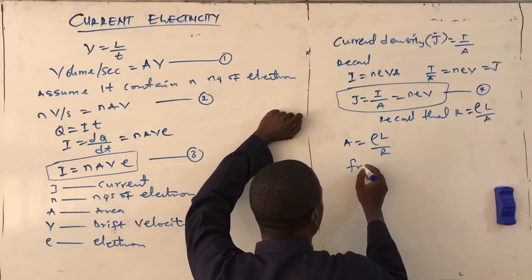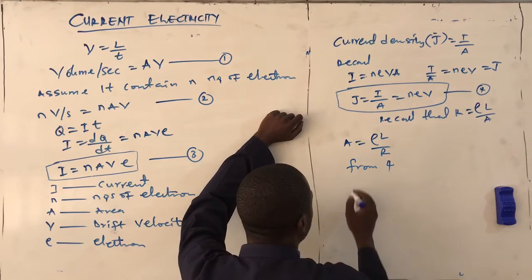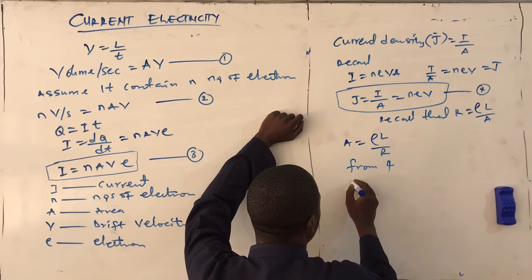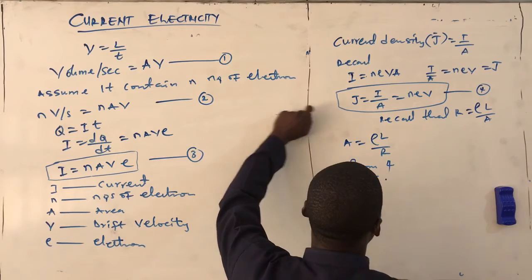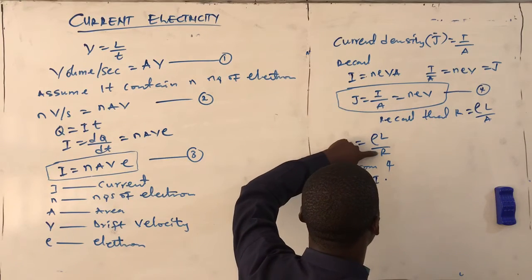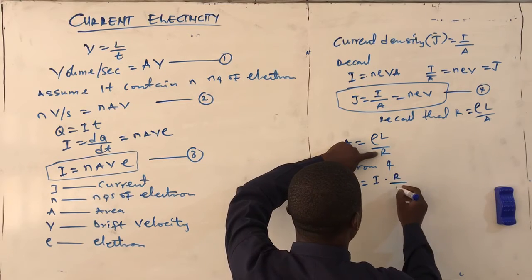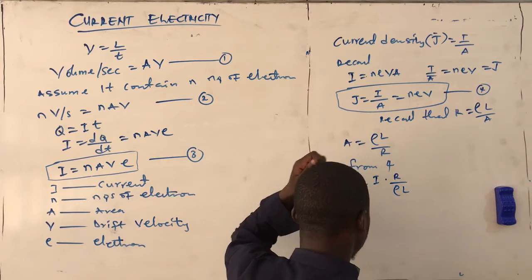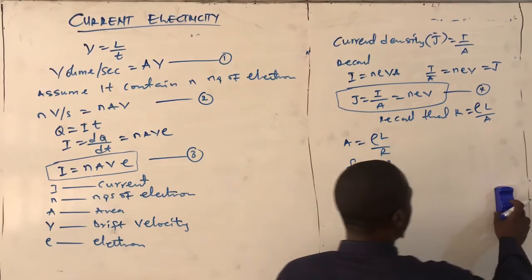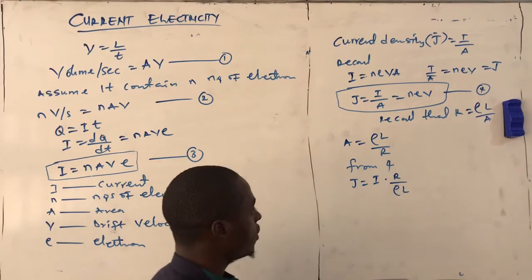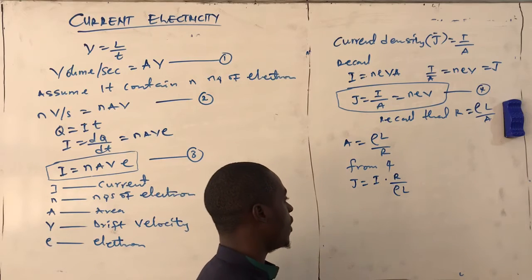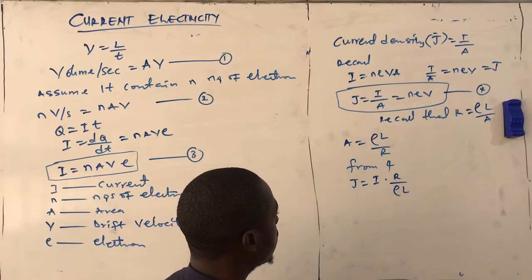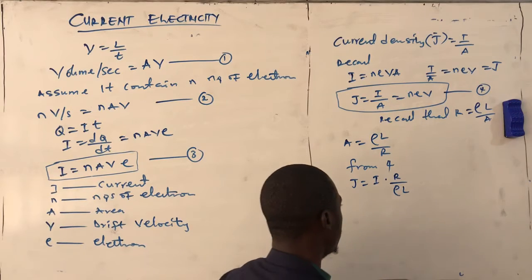From 4, J is equal to I divided by area, then R will come up, R over rho L. Our aim is to find the current density in terms of the potential difference and in terms of conductivity.